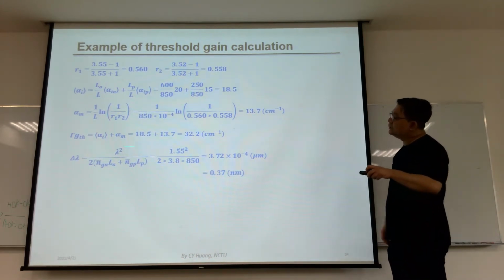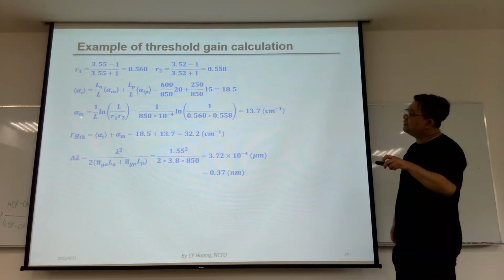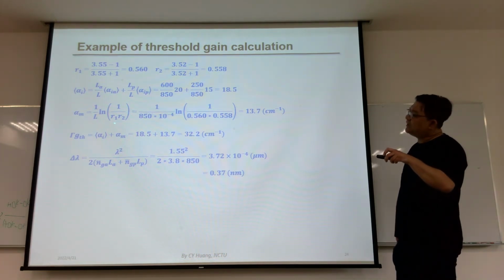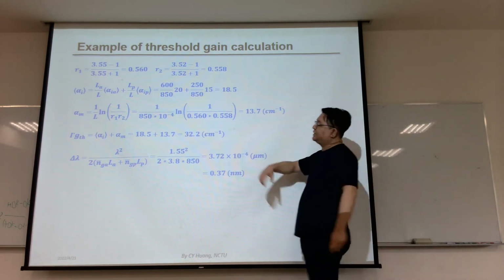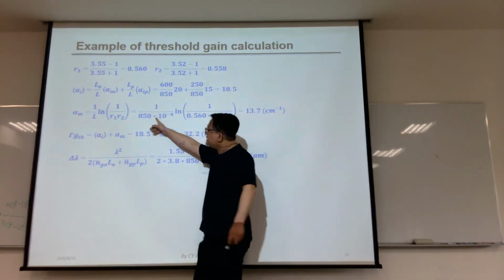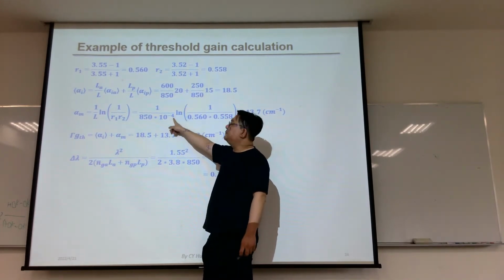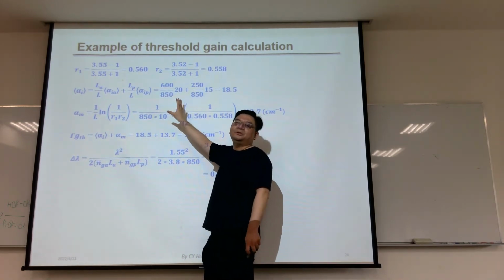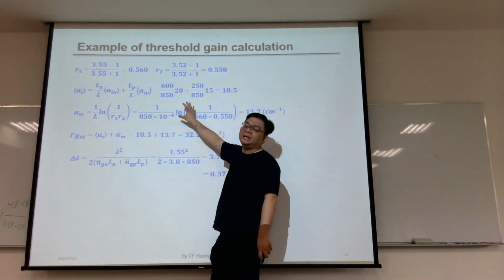Okay, so then we can insert it into the mirror loss. Mirror loss is equal to 1 divided by L times ln(1 divided by R1 R2). Okay, so just put in numbers. And since this is in micron, remember to convert it into inverse centimeter, because that's the usual unit we use for the optical loss.